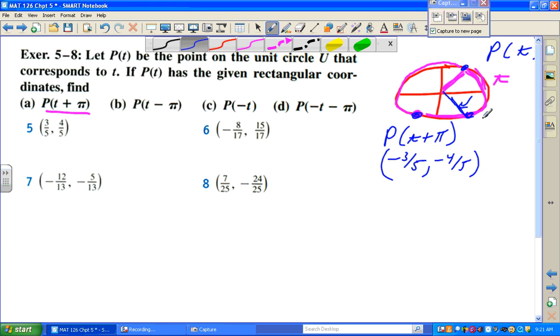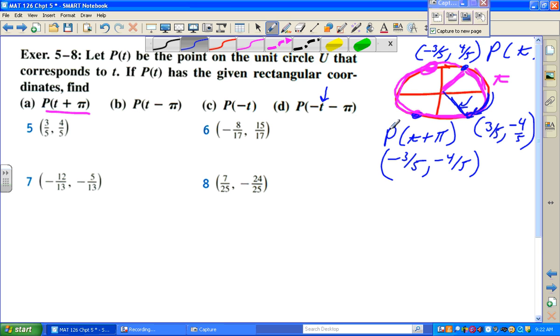So this point is a positive x and a negative y, because the angle is the same length but goes down. And if I use the negative angle and subtract pi from it, it'll end up right up here. In that case, the x will be negative and the y will be positive.